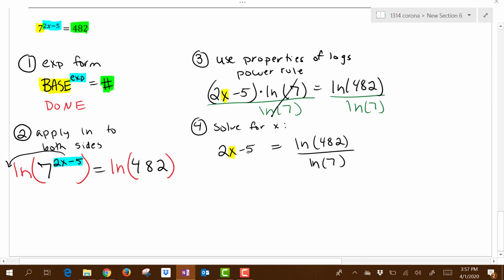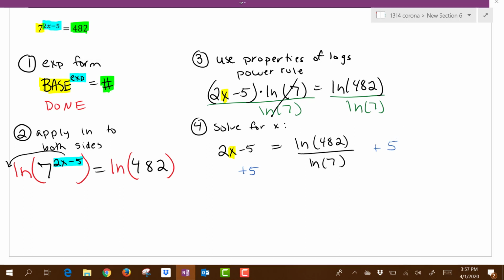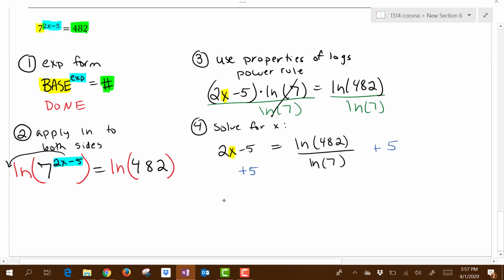I want to get rid of the minus 5 and the 2, so we'll do the adding and subtracting part first. So I'll add 5 to both sides. Those cancel out.